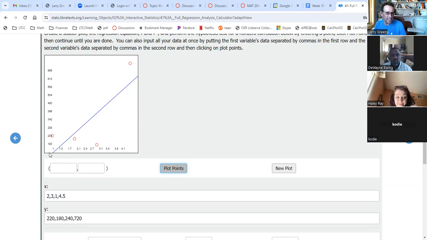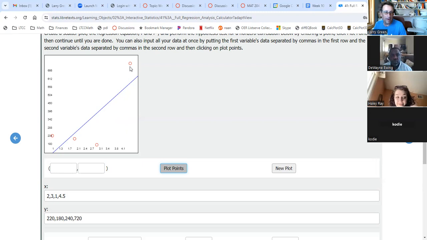Then you can see that here are the points. Here's a scatter plot. And then what it does is it draws a line that is what they call the best fitting line, which is called the regression line or the linear regression line, which is the line that fits the points the best. Pretty much what that says is look at the Y value at the line for that point and look at the Y value of the point.